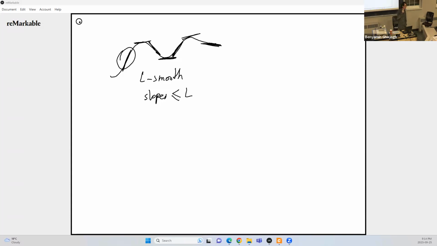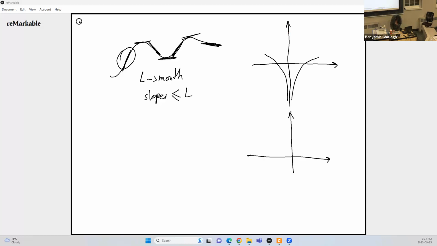How hard is it? For example, consider this. Assume I want to minimize this function, or equivalently, I want to maximize this function, doesn't matter. I want to maximize this f with respect to x. Do you agree that this is very hard to maximize?